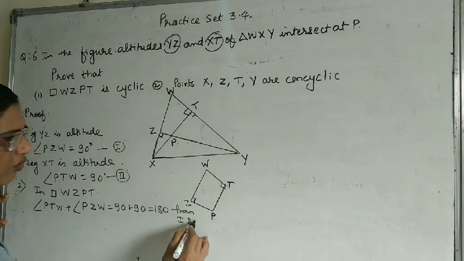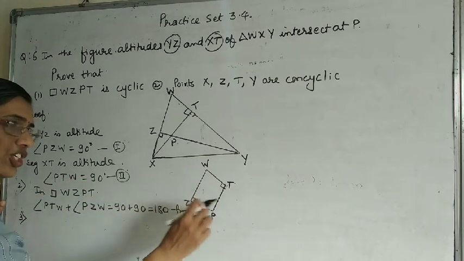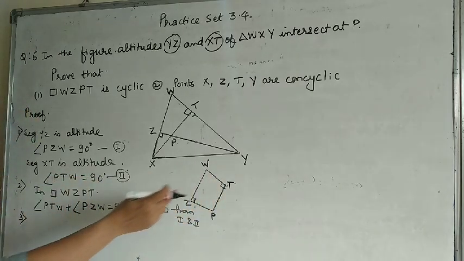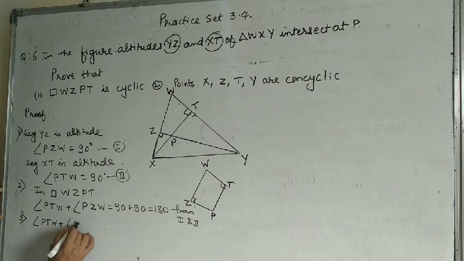Now these are opposite angles, and if I take the sum of measures of all angles of the quadrilateral, then we know that it is 360. So here angle PTW plus angle PZW.